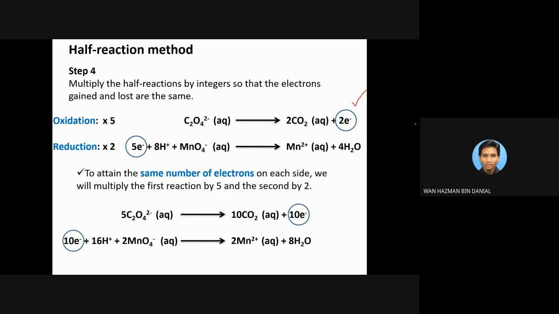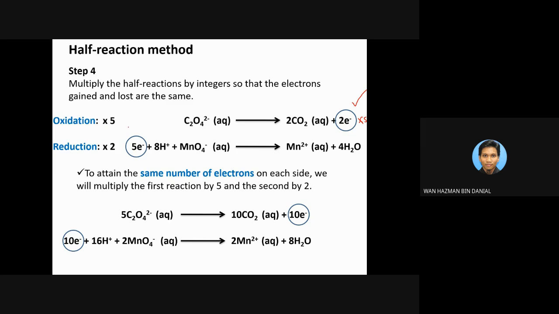So dia kena samalah. Elektron yang oxidize, yang loss of electrons should be the same with the gain of electrons. So what we can do is we multiply, okay, multiply with the numbers so that you will receive the same value of redox or electrons lah kan, electron yang loss. And okay, so 5 we can times by 5. Kita darab je lah kan. 5 we times 2. Ada kat sini dah.